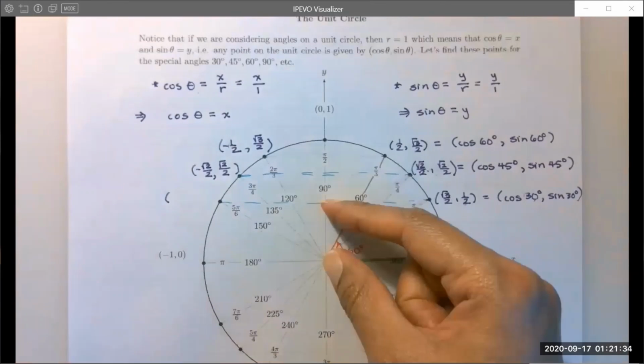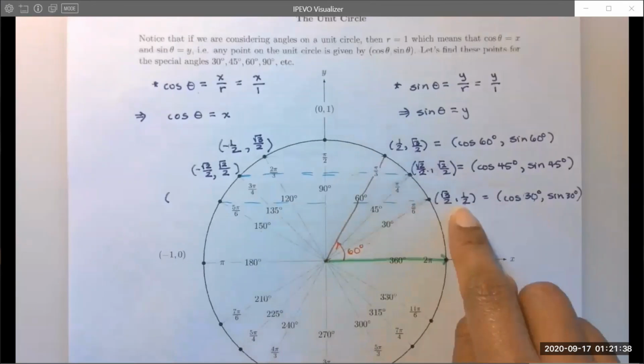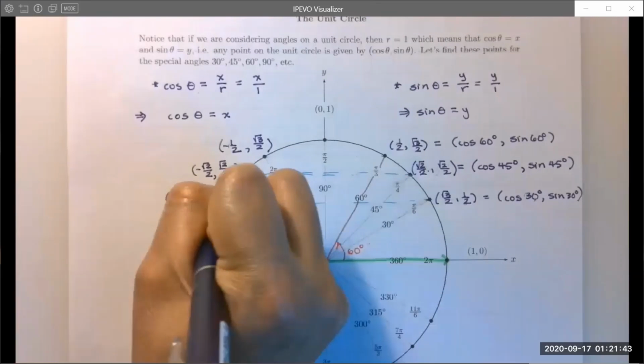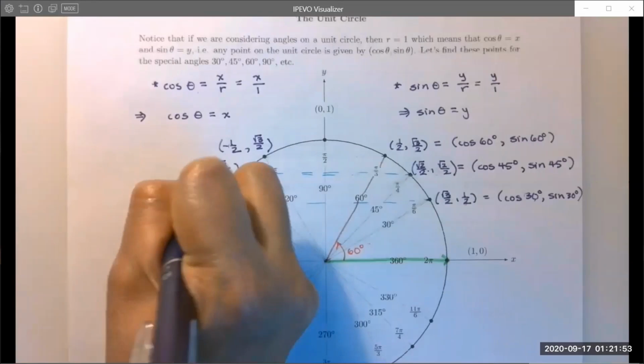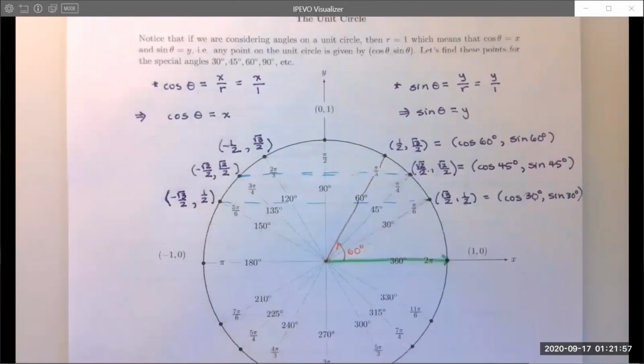So it's still going to be whatever this height is, and this height is 1/2. So the y will still be 1/2. But the x will be what? Negative radical 3 over 2. Good. Excellent.